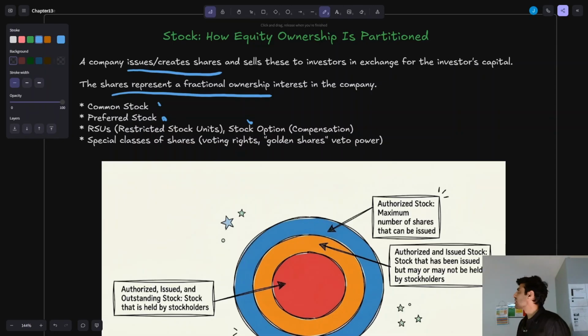This stock-based compensation is a way to try to mitigate this principal agent problem, right? By making the agent, who's the employee, also a principal, meaning an owner in the business, you're trying to create an alignment of incentive.